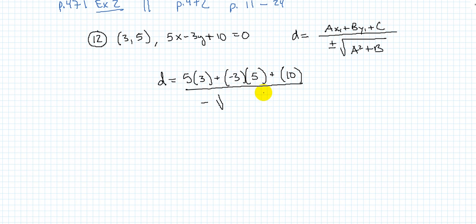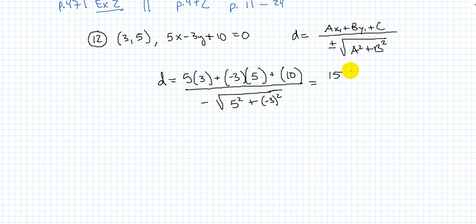So we got negative square root of a squared, which is 5 squared, plus, I forgot the squared on my formula, 3 squared, negative 3 squared. You don't have to write the negative, because when you square it becomes positive. But we come here, and just for fun, try to do all these without a calculator as far as you can. It's good exercise to do the simple math in your head.